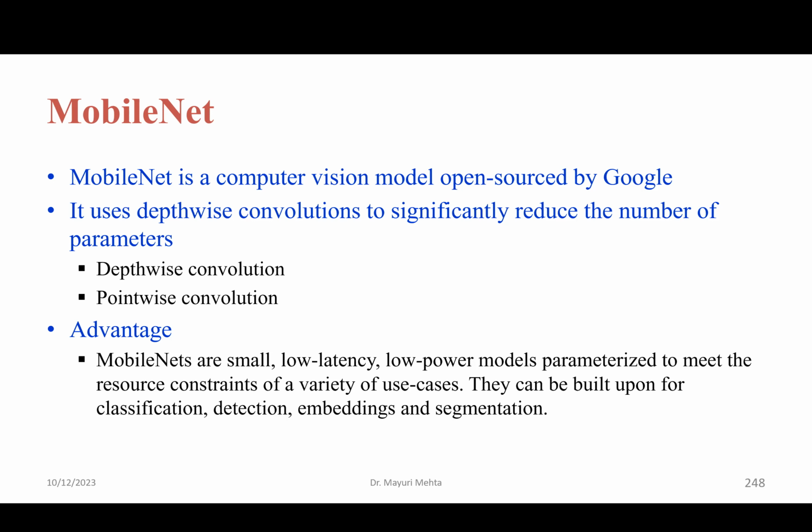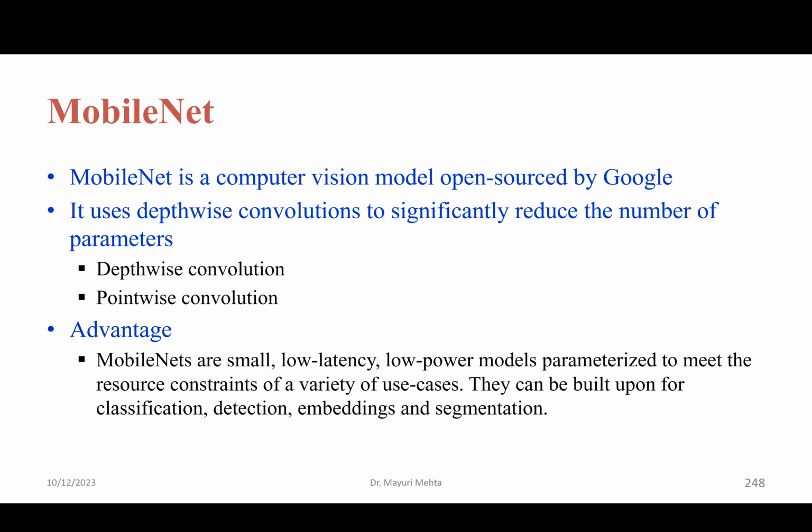So there are several applications wherein we have limited computing resources and we need lightweight deep neural networks. A depth-wise separable convolution is made from two operations: depth-wise convolution and point-wise convolution. See, there are two different convolutions.